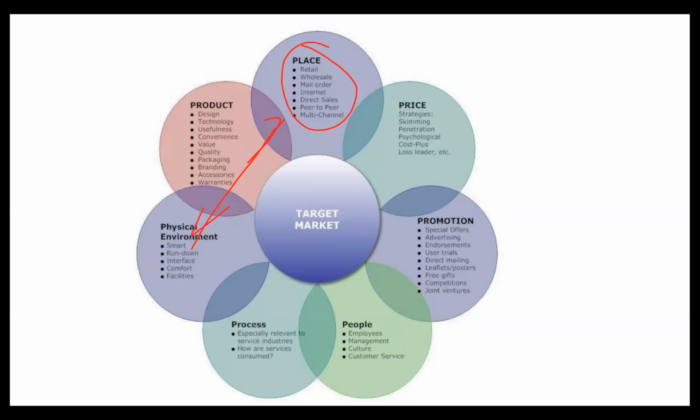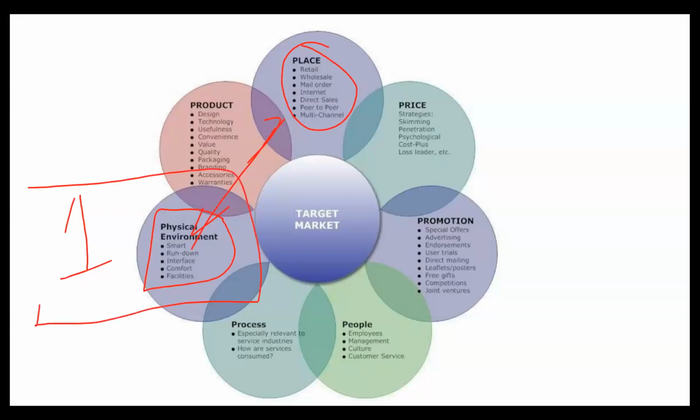There are many questions, but when you come to the issue of the physical evidence, it's an aspect that amplifies the point that even in the service industry, even if you are not dealing with the goods, you should have at least the existence of a physical location.